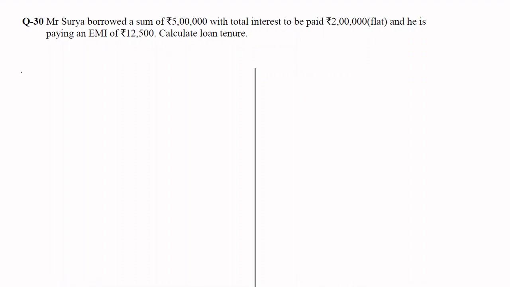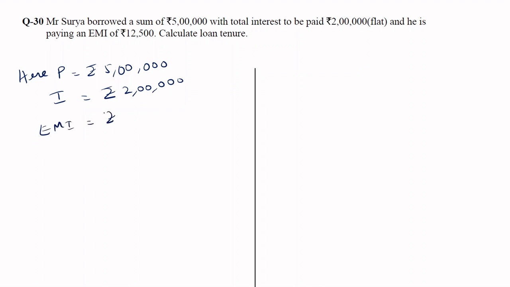First, let us write what is given here. P is equal to rupees 5 lakhs, that is the principal amount. And then the interest is flat, it is rupees 2 lakhs, and EMI is rupees 12,500.